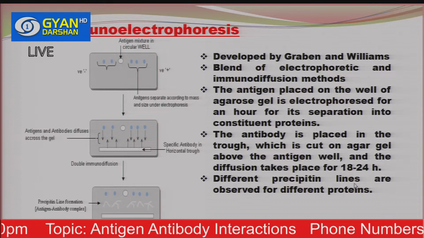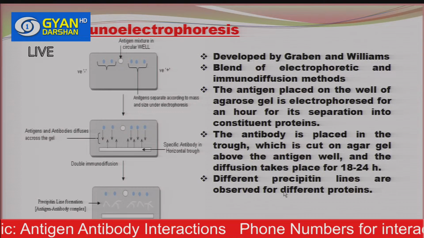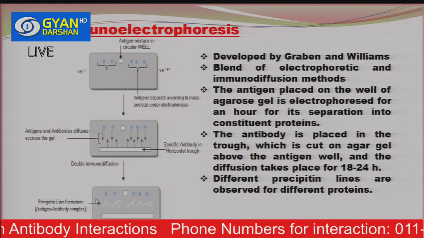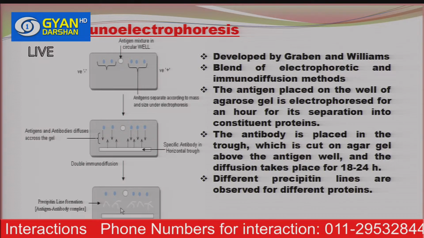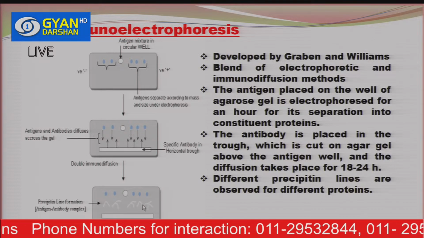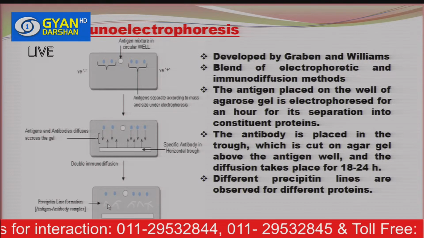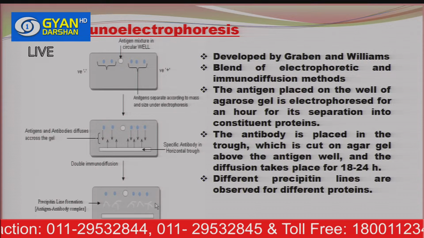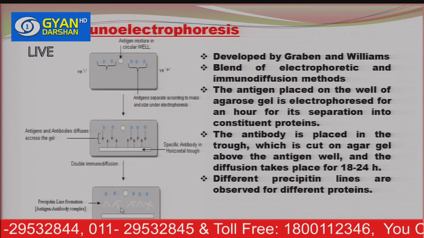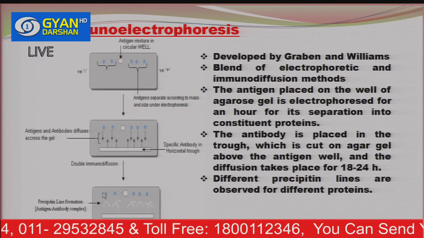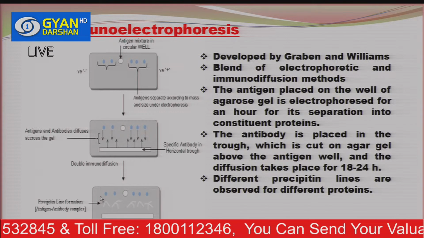Different precipitin lines are observed for the different proteins. So we can measure the different precipitin lines and find out the identity, non-identity, or partial identity of the particular antigens. We can analyze it with the help of this test.